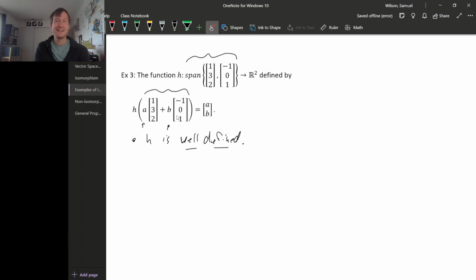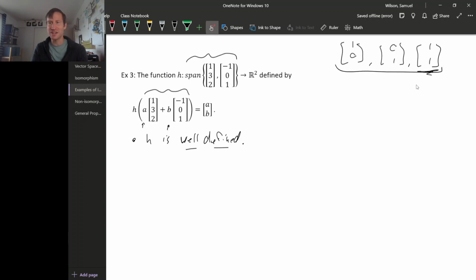Think of this kind of situation, where there's more than one way to express one of these vectors as a linear combination of all of these vectors. So working just with coefficients of these three vectors is going to be ambiguous because there's more than one way to express a vector as a linear combination of these three. So you have to be careful when defining things in terms of linear combinations.